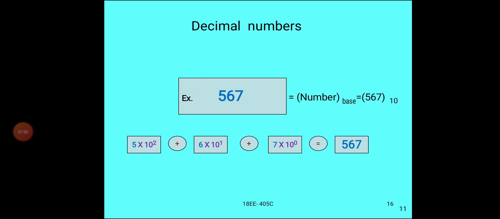So 10 to the 2 means 100, 5 times 100 is 500, plus 6 times 10 is 60, plus 7 times 10 to the 0, which is 1, 1 times 7. So 567 of base 10.